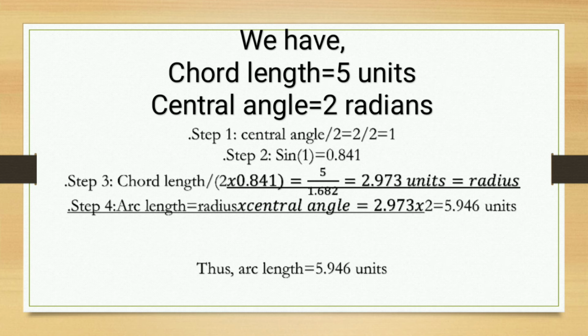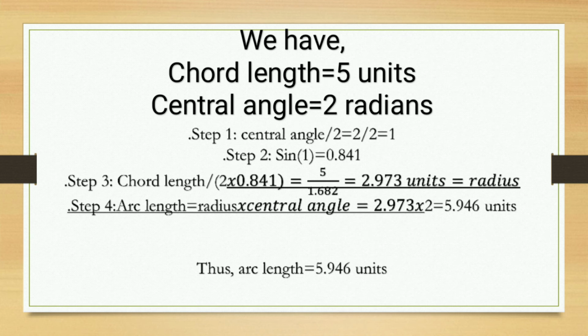Step 3, chord length divided by 2 times 0.841 equals 5 over 1.682 equals 2.973 units, which is the radius.